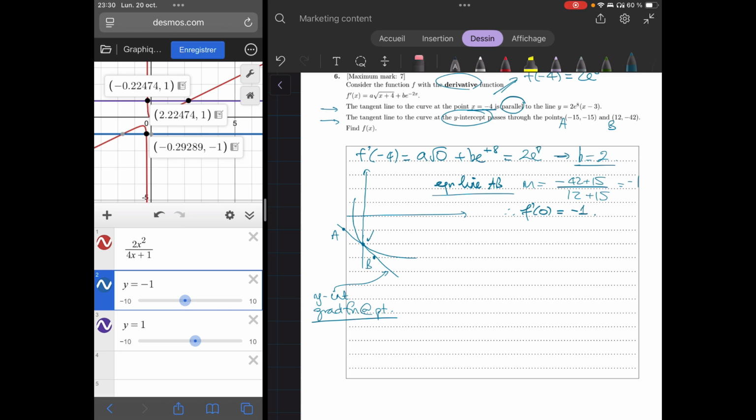We also know from the gradient that this is the equation of the line AB. So therefore, f of 0 is equal to y of 0, or -30.